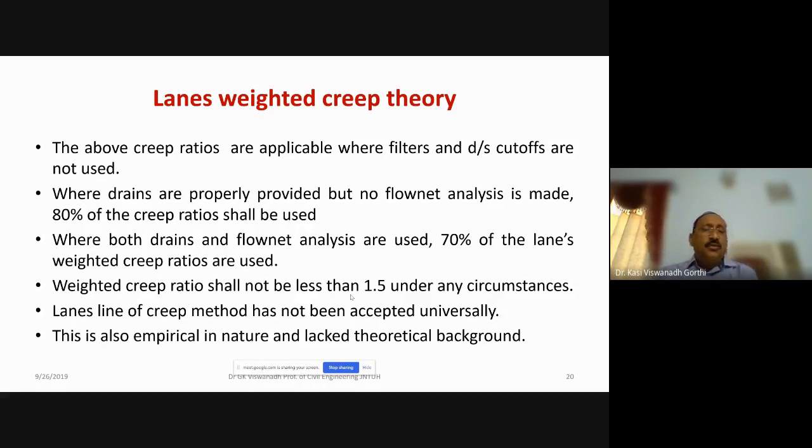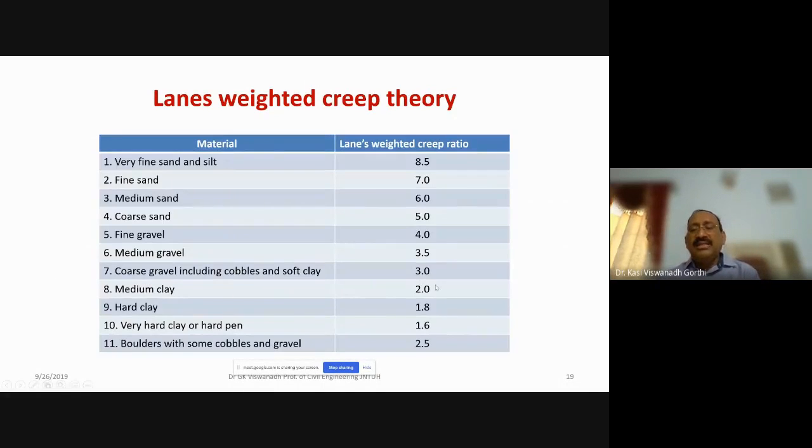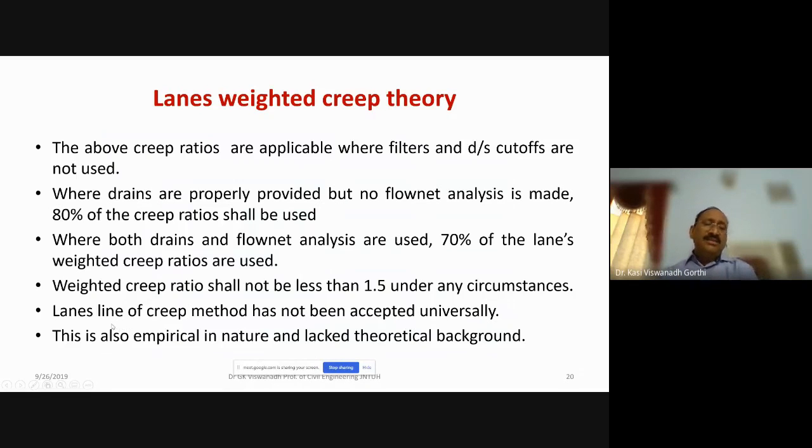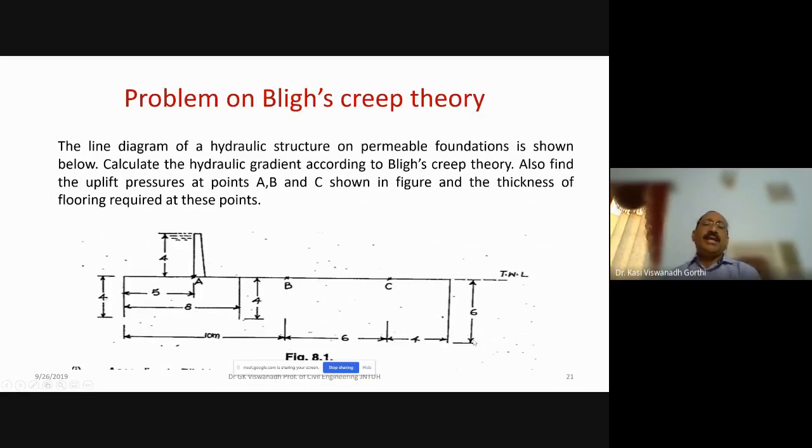Weighted creep ratio shall not be less than 1.5 under any circumstances. Suppose you are taking 70% of 1.6, it may come less, but still you have to use 1.5 only. Lane's line of creep method has not been accepted universally. This is a limitation. It is also empirical in nature and lacks theoretical background.